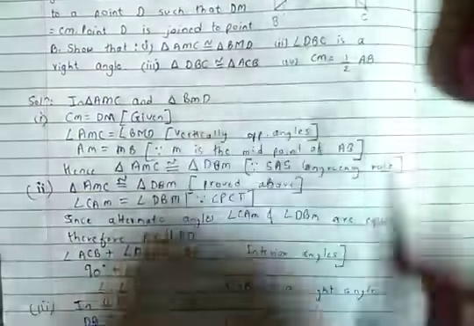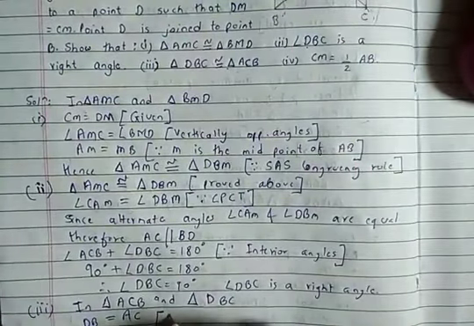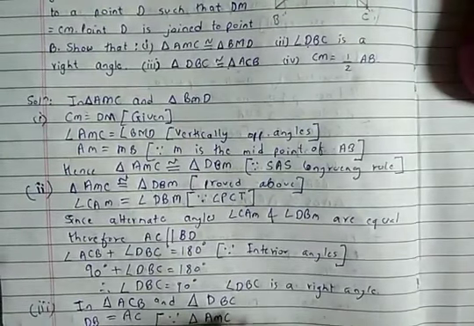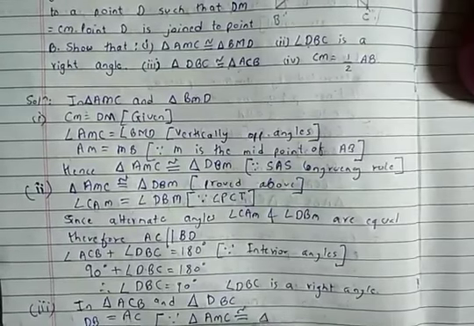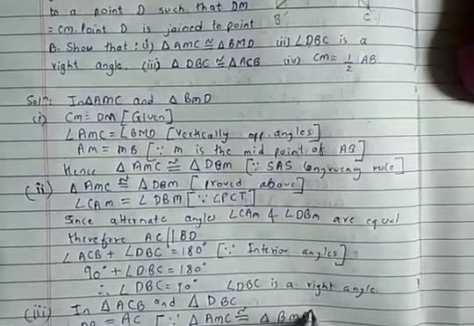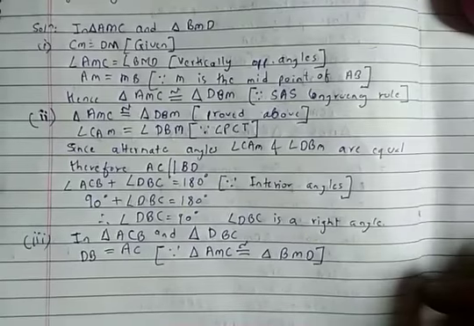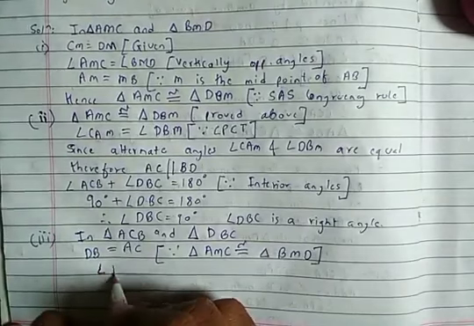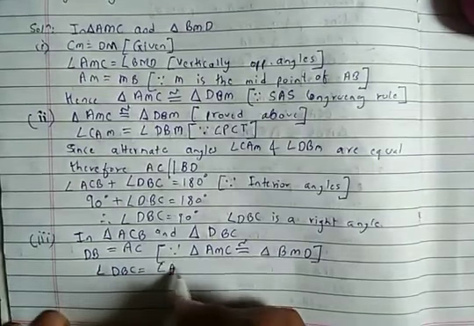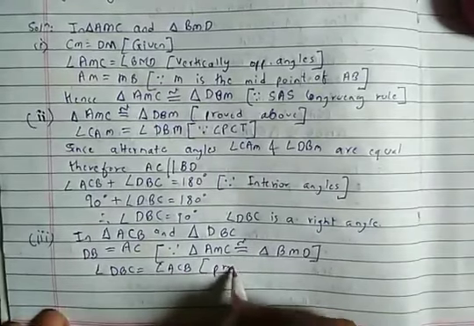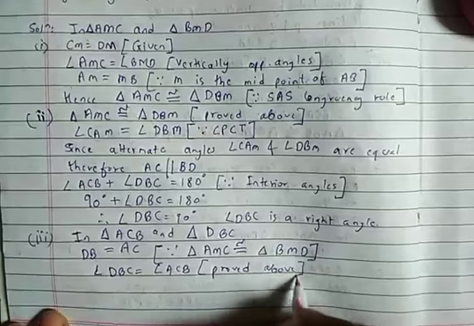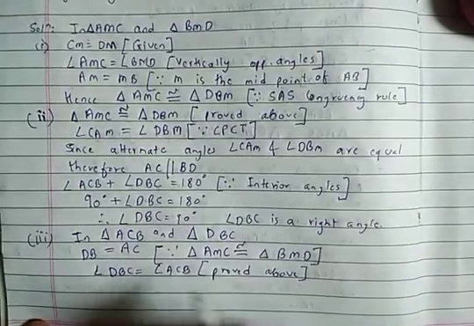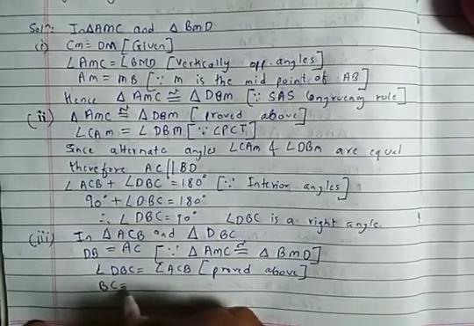These both distances are equal. Why can we say? Because of congruency of triangle AMC with triangle BMD, right? Now angle DBC is equal to angle ACB. We have proved this above. Right? Both are equal.